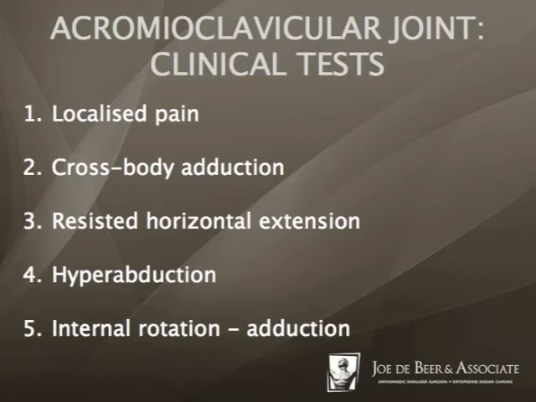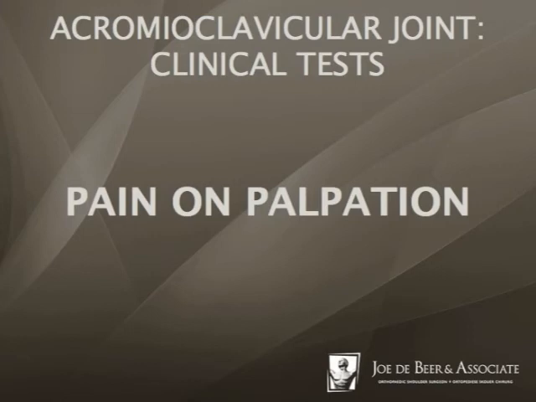The tests are localized pain, cross-body adduction, resisted extension, and hyperabduction and internal rotation in the abducted position. Localized pain on palpation is very typical of this condition and it should be regarded as a very sensitive clinical sign.